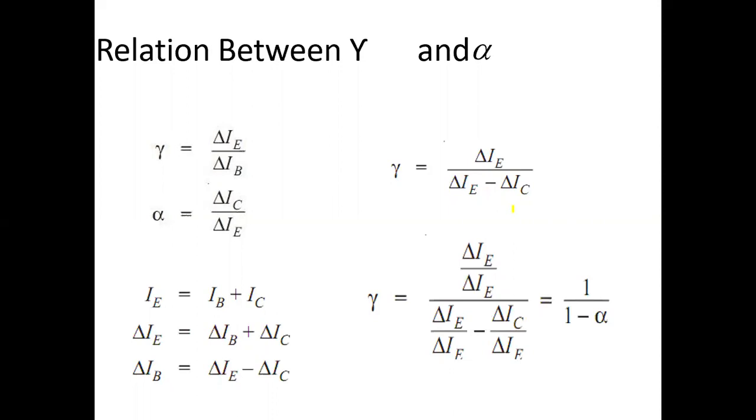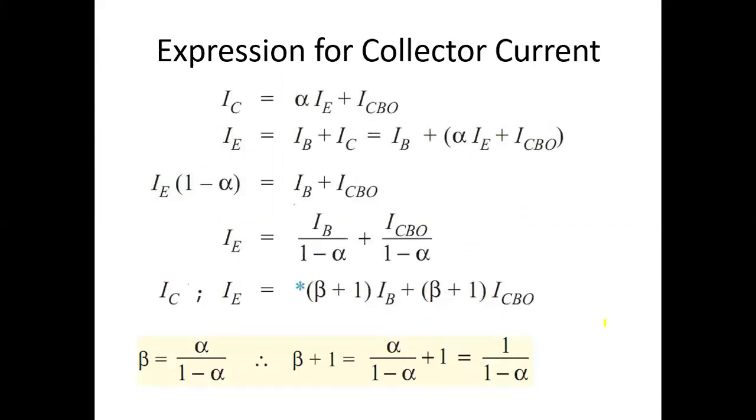By dividing all these terms by del IE, we have 1 by 1 minus alpha, and this is the relation between gamma and alpha. The final equation is gamma is equal to 1 by 1 minus alpha. The expression for collector current is IC is equal to alpha IE plus ICBO, where ICBO is the leakage current.